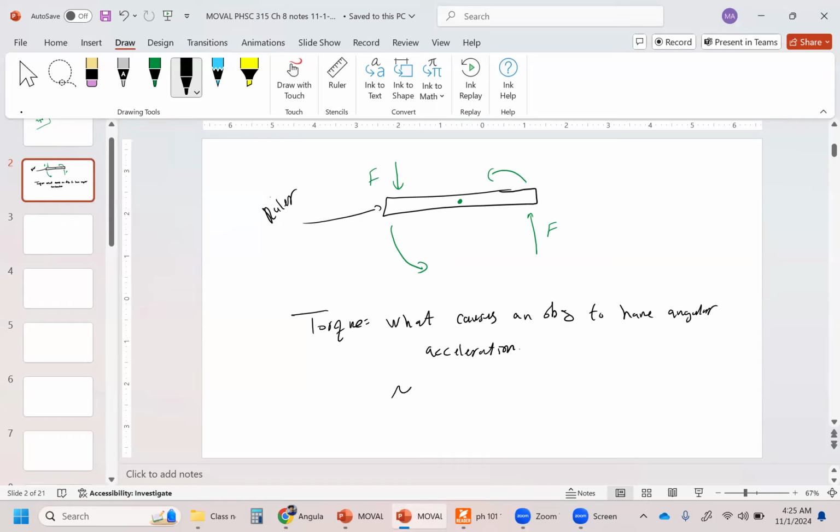Now, your torque, we're going to give it the letter tau. That's going to be your torque. And it's going to equal your force times your distance. Your force is going to be in newtons, your distance is going to be in meters, so it's going to be newton meters.